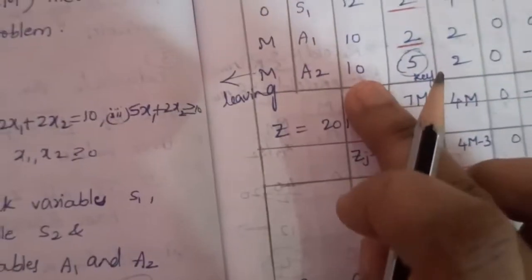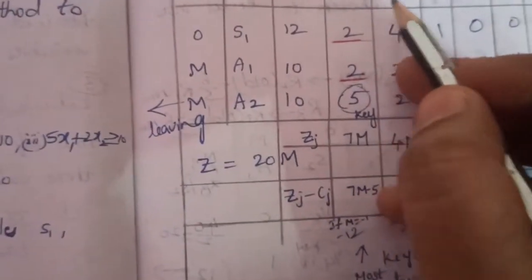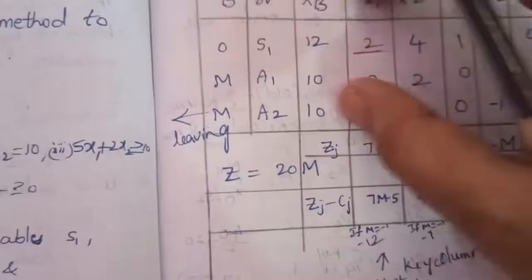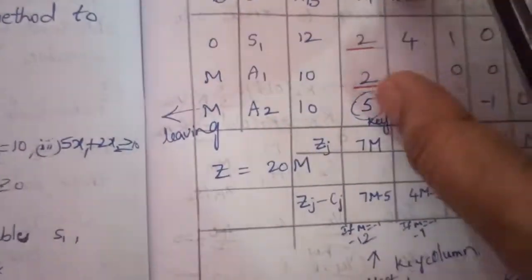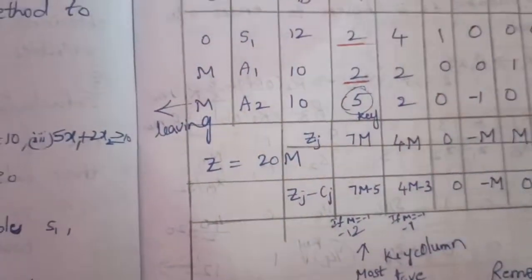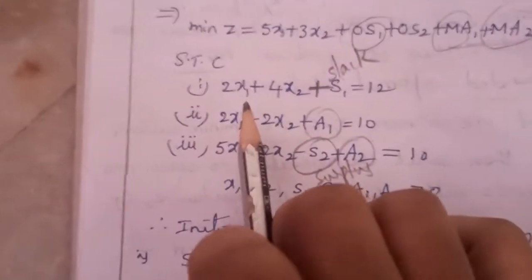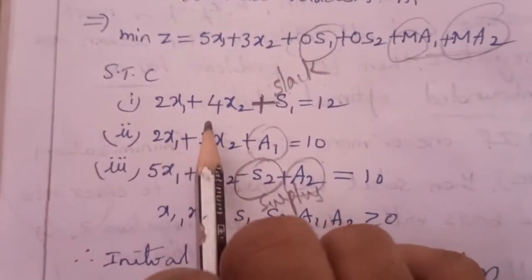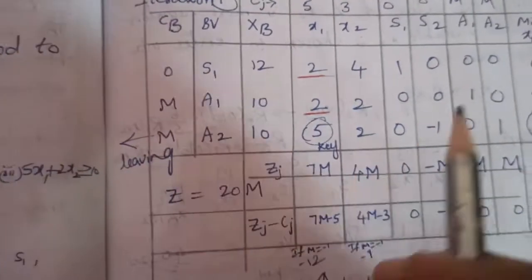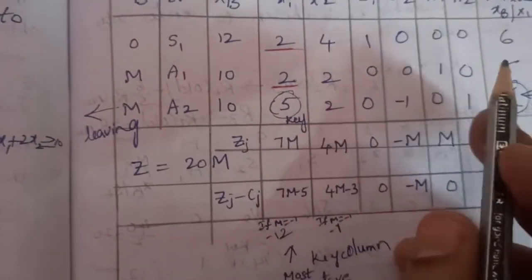Next x1, x2, s1, s2. These are for the subject to the constraint equations. So these are the equations. The first equation contains 2, 4, 1, 0, 0, 0. Only for S1 we have a coefficient, so 2, 4, 1, 0, 0.